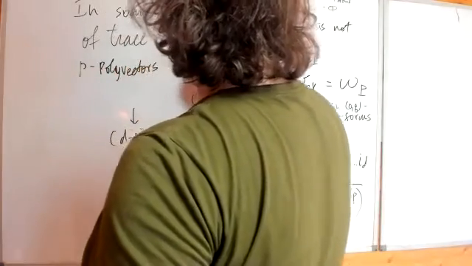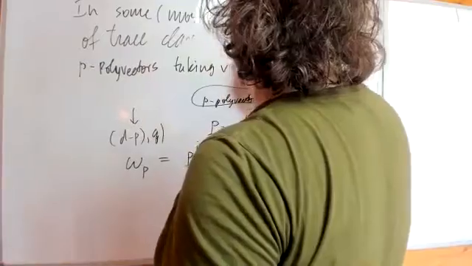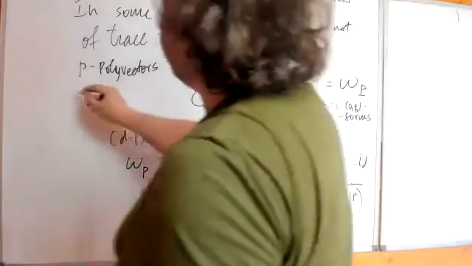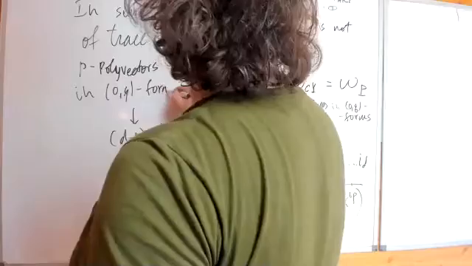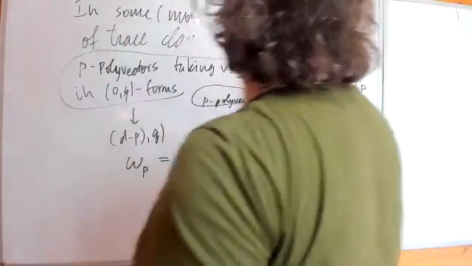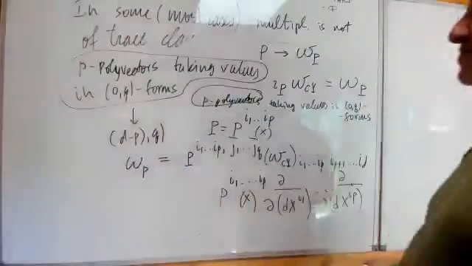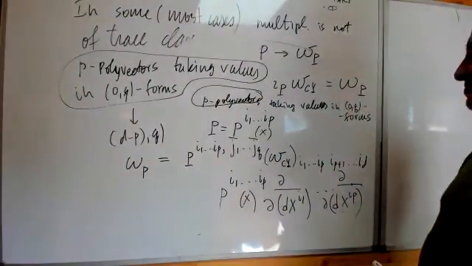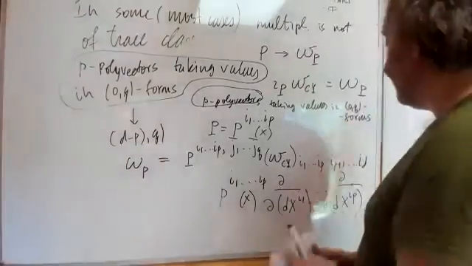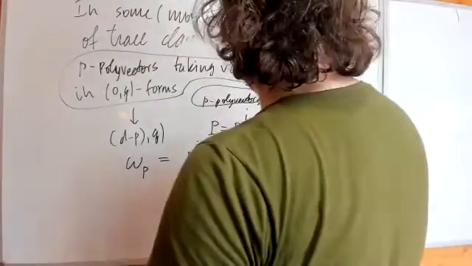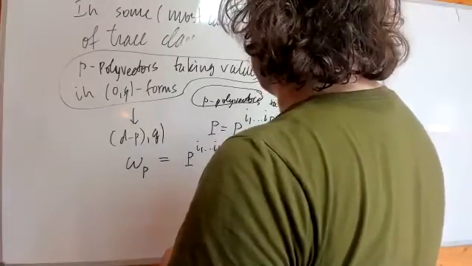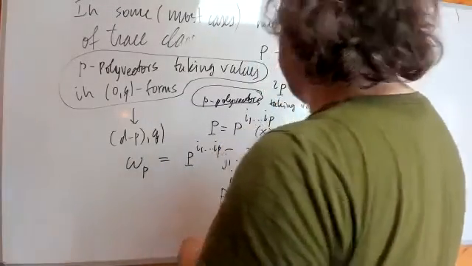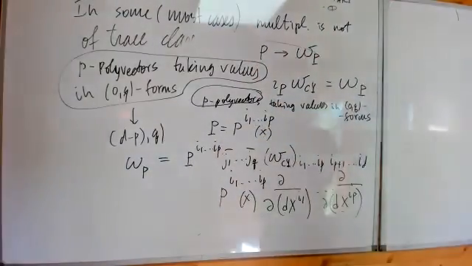Then the anti-holomorphic indices should be down, right? Right. So it is. Thank you. Of course, it should be down. It's a misprint.